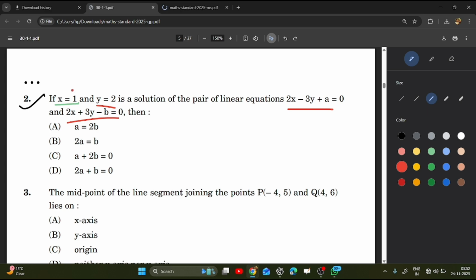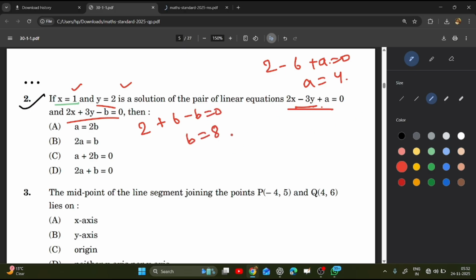If I use this x and y in this equation, then we can find the value of a. So if I use x is equal to 1 and y is equal to 2 here, then we will have 2 minus 6 plus a is equal to 0. From here a is equal to 4, and similarly here 2 plus 6 minus b is equal to 0, so b is equal to 8.